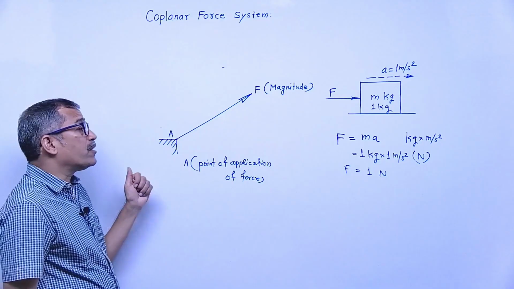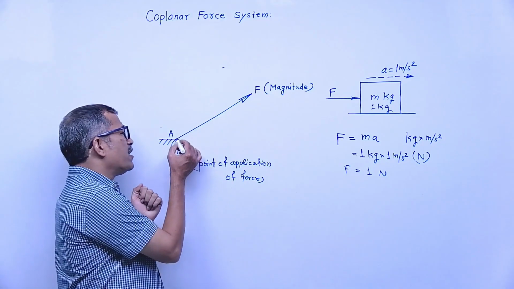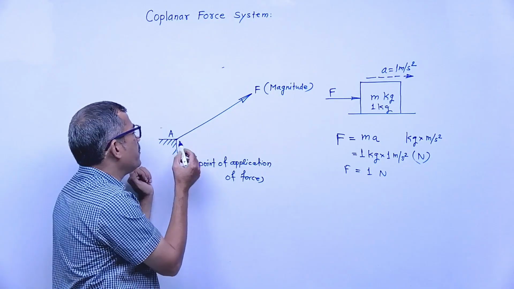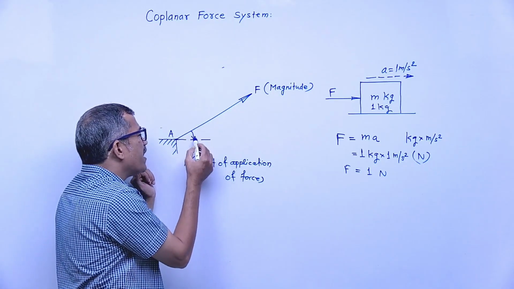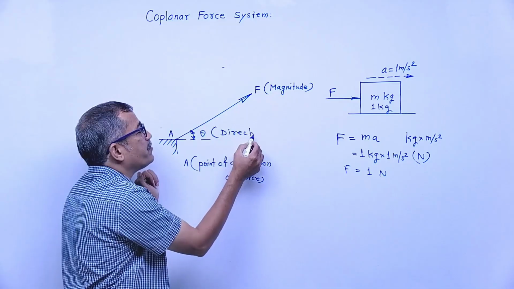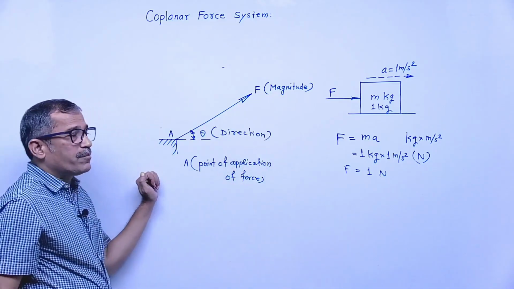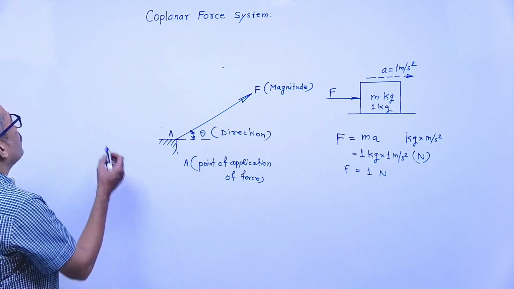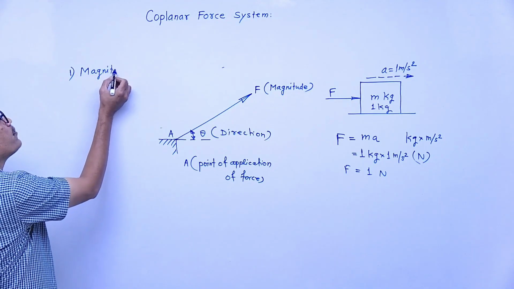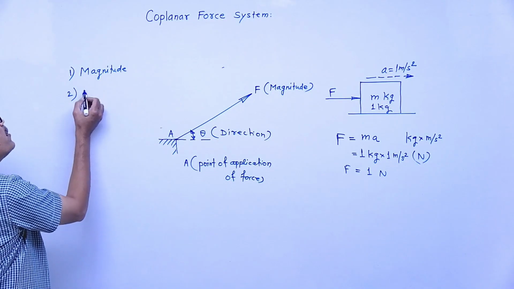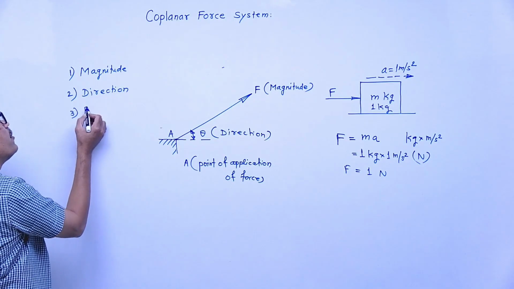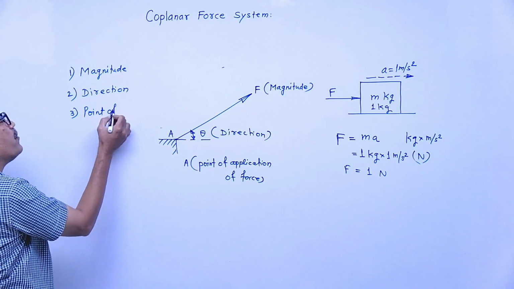Now the direction in which the force is acting is important. That may be rightward, upward, leftward, downward, inclined at any angle. This angle is important, and this is called the direction. That means to define a force completely, we must know number 1, magnitude of force; number 2, direction; and number 3, point of application.